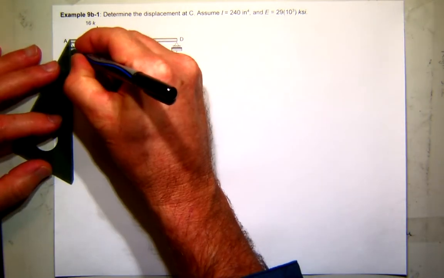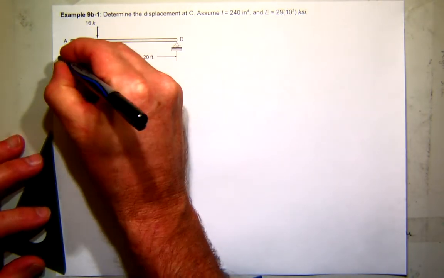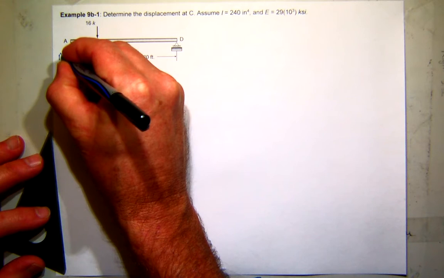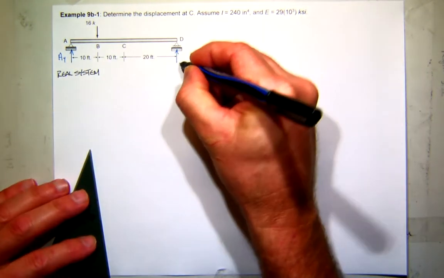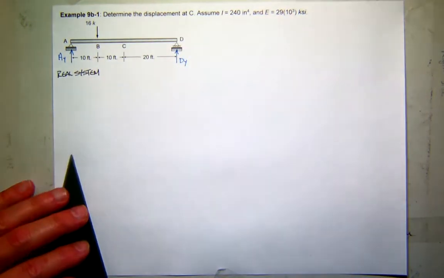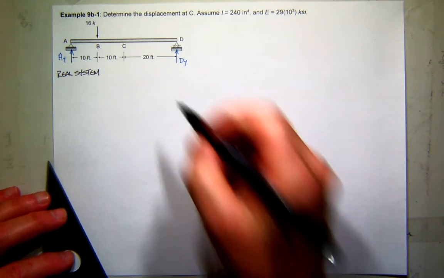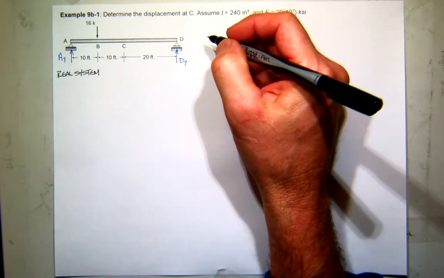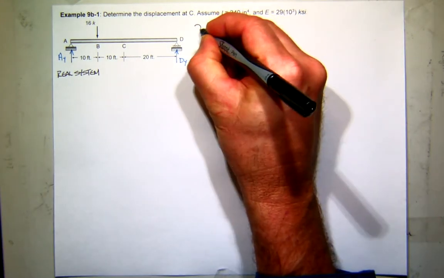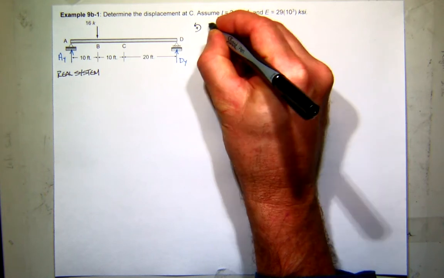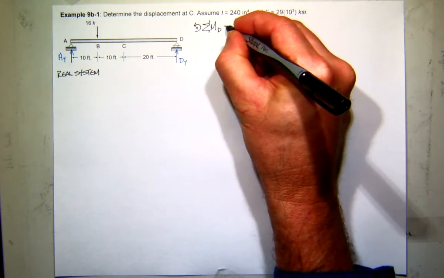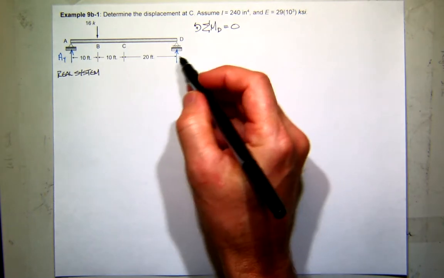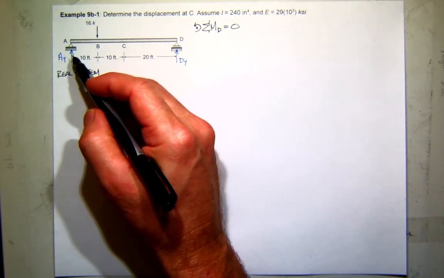So let's start here with, I'll assume AY acts up and DY also acts up. So let's get those reactions first. I'm going to sum moments about point D and make sure it's in equilibrium. By doing that, I should be able to find my reaction at A.